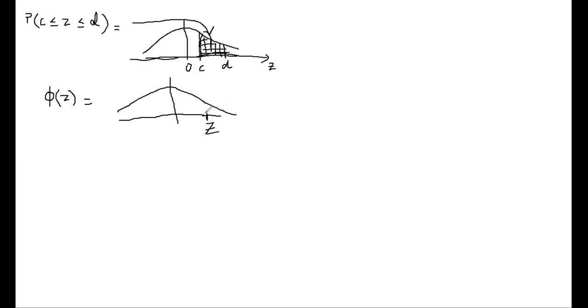Phi Z signifies the total area under the standard normal curve left to the ordinate at Z. This is our 0 point, Z equals 0. That means the total area at the left part of the ordinate Z is representing phi Z. This is our phi Z. Okay. So phi Z is the area under the standard normal curve left to the ordinate at Z.